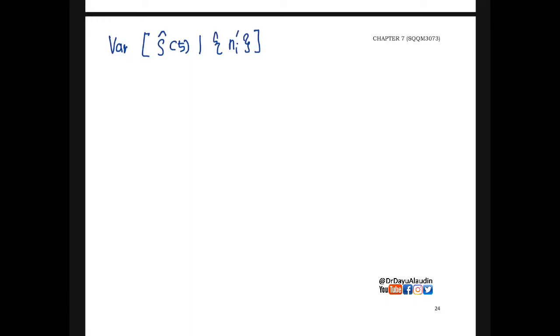Approximately we're using the Greenwood formula, where S5 squared times the summation of Qi over Pi times Ni.